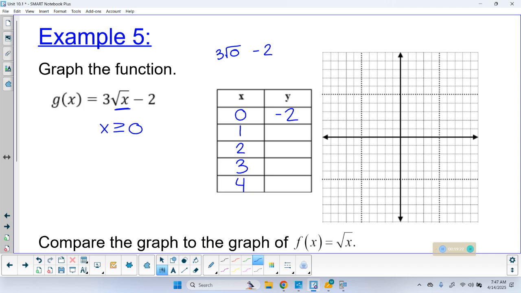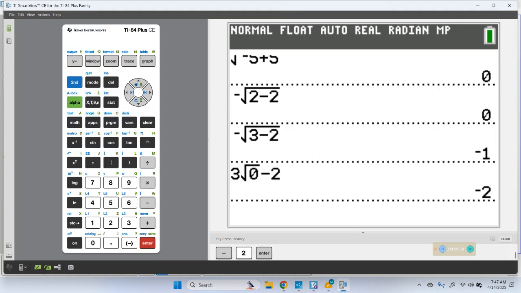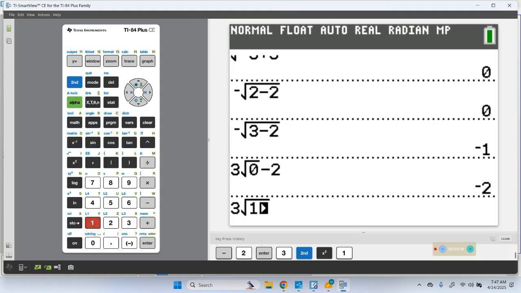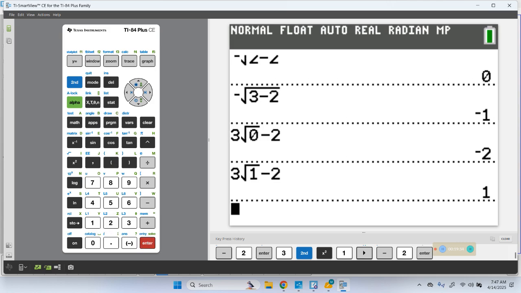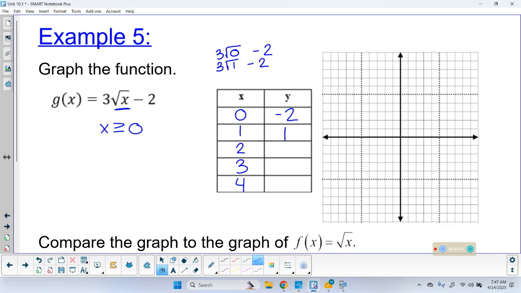If you plug in 1, 3 square root of 1 minus 2, on our calculators, 3 square root of 1, hit the arrow over, subtract 2, you get positive 1. So here's 1, okay? If you plug in 2, it's going to be about 2.2. If you plug in 3, it'll be about 3.2. If you plug in 4, it'll be 4.